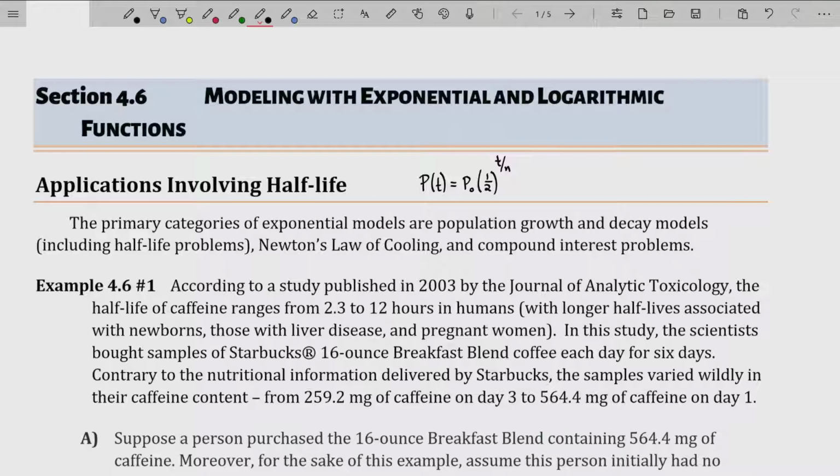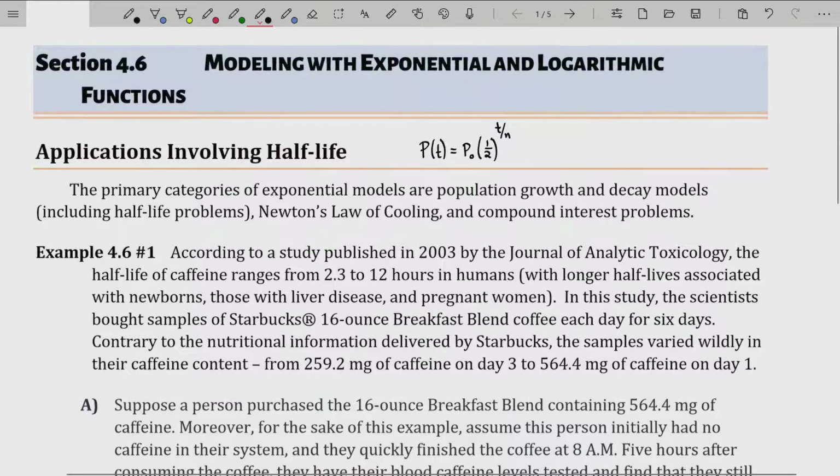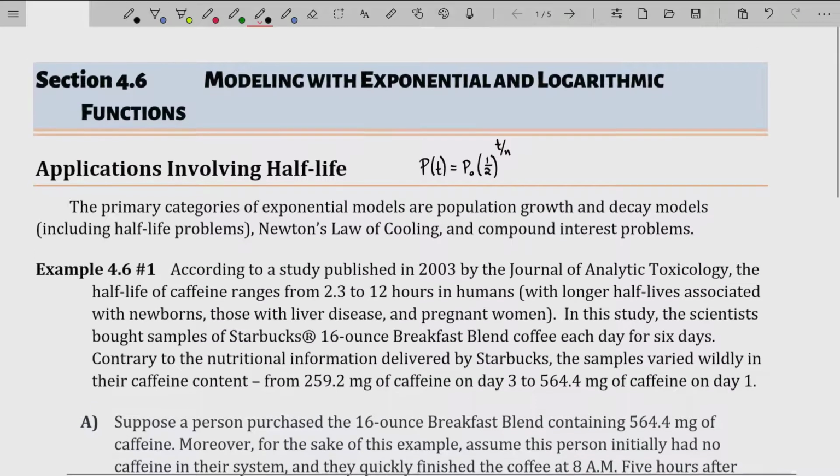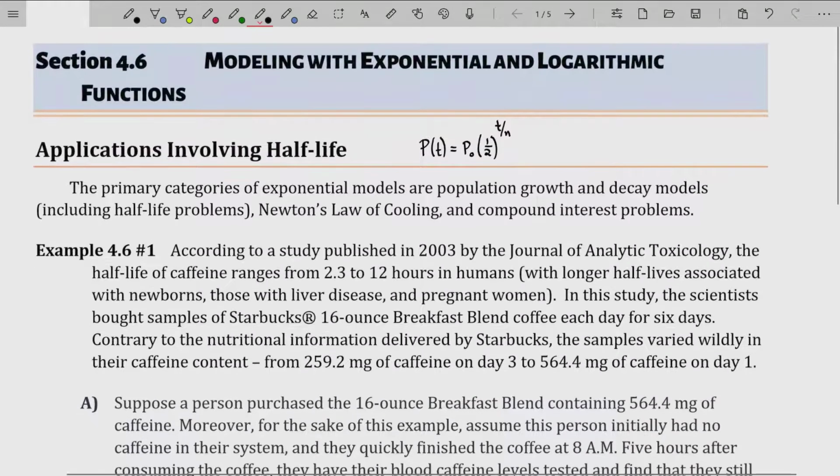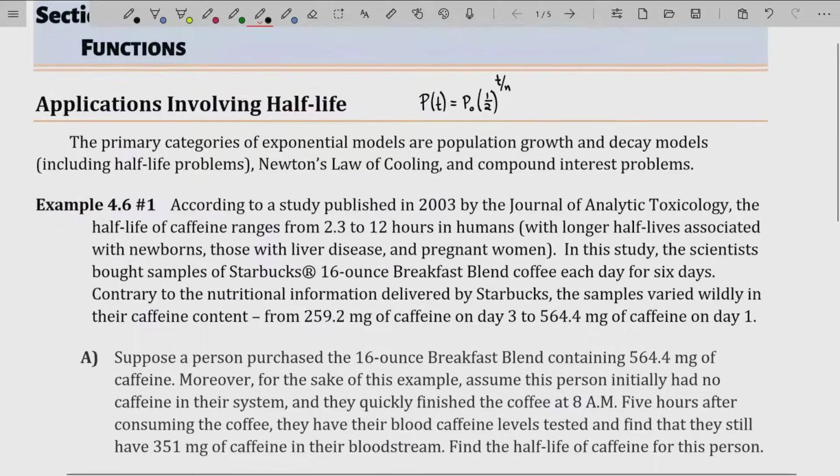I forget what it's supposed to contain, honestly. It could have been 240 or maybe 260 milligrams of caffeine is what it should have been labeled as. But you could see day 1, 564 milligrams of caffeine for a 16-ounce coffee, which is significantly over the daily recommended maximum allowance of caffeine, which I think is 300 milligrams. I'm not sure about that.